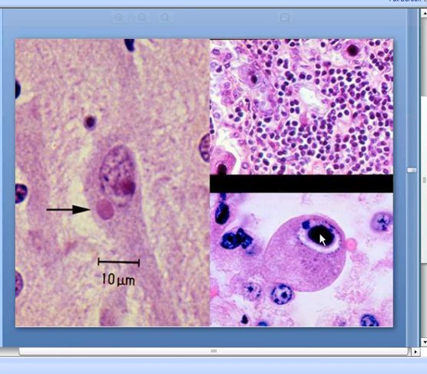When you see an intranuclear inclusion and it is very basophilic, it's probably CMV. No matter what part of the body is being infected by CMV, whether it's the kidney or the brain or the lungs, when you see a nucleus that has a prominent basophilic intranuclear inclusion, think of CMV.